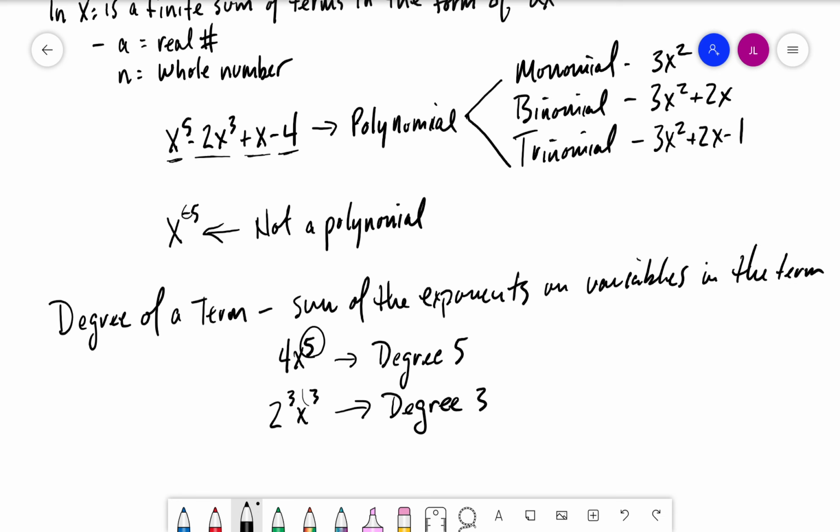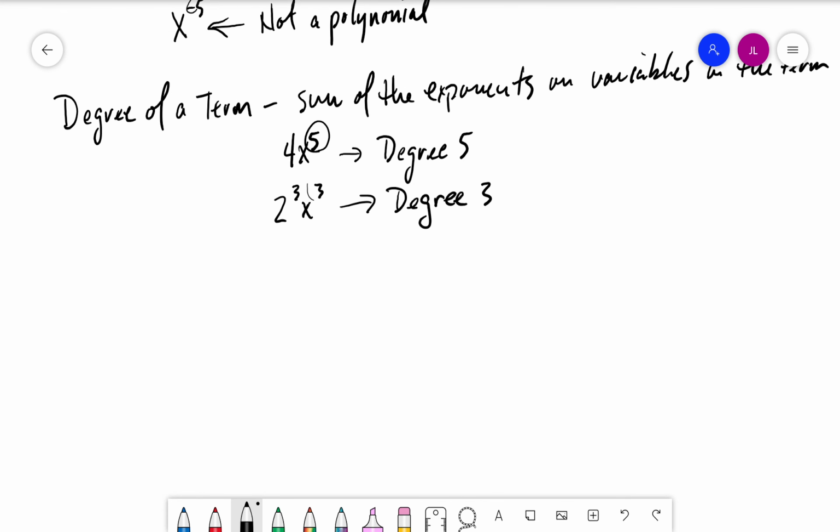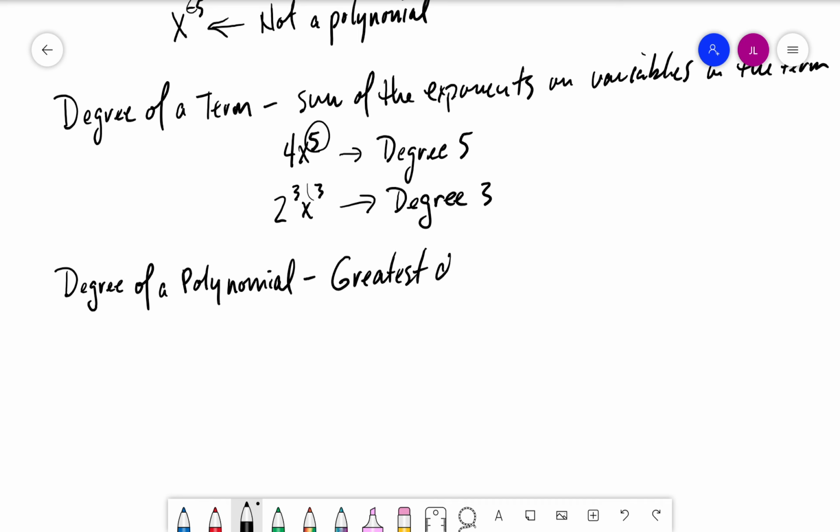Now that we know what the degree of a term is, what about the degree of a polynomial? We have to know that. The degree of a polynomial is the greatest degree of any term that's contained in the polynomial.